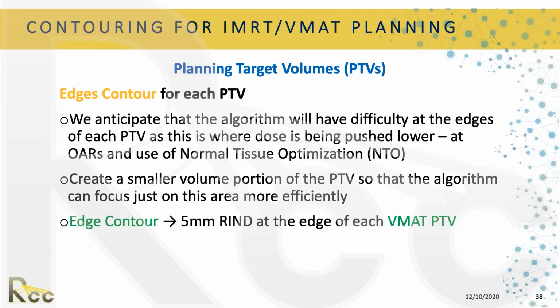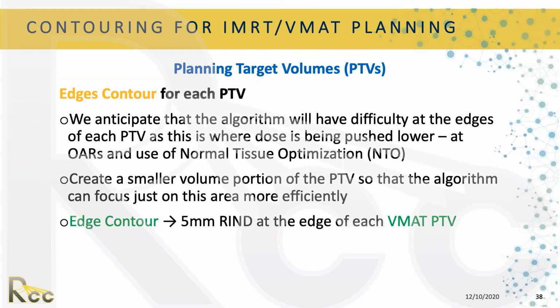Because you're trying to have PTV coverage of, let's say, 60 gray, and then suddenly outside the PTV you say, I don't want dose anywhere else. So the algorithm gets a little confused at the very edge of the PTV because it's trying to lower the dose, and then you ruin the coverage there. If you're also constraining OR, or using normal tissue optimization, NTO, which is for the rest of the body, not the PTV, then you might lose the coverage in that boundary.